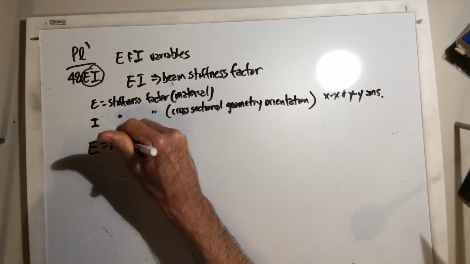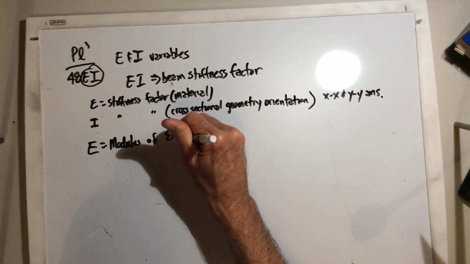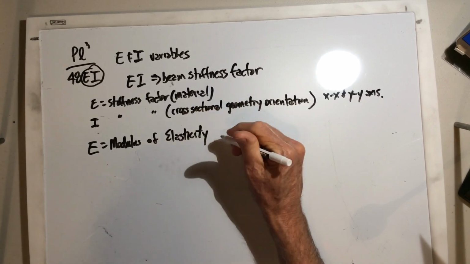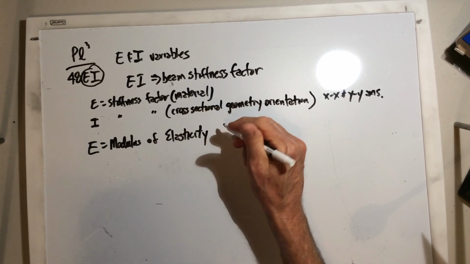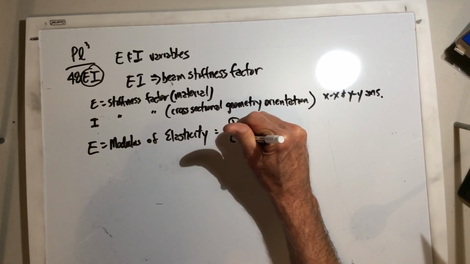E, of course, is just the modulus of elasticity. And we know that to be equal to stress over strain.